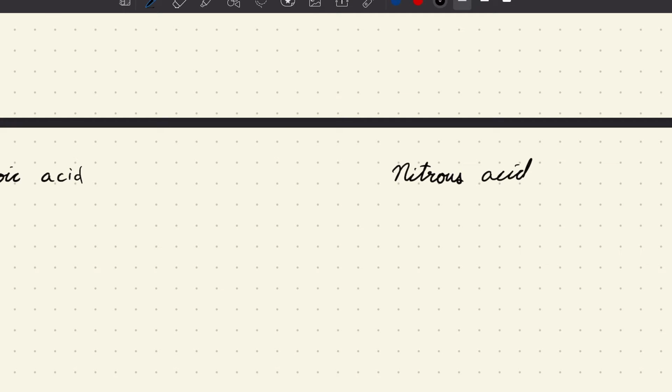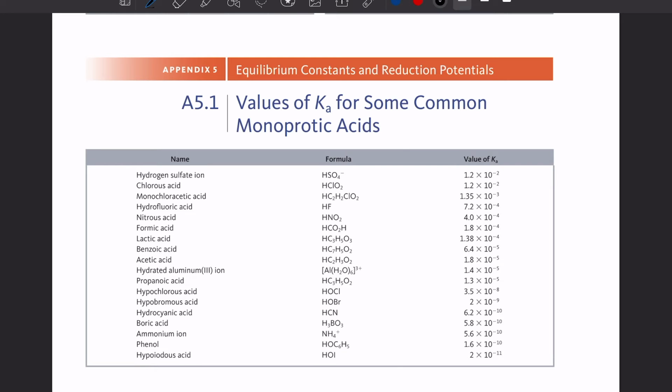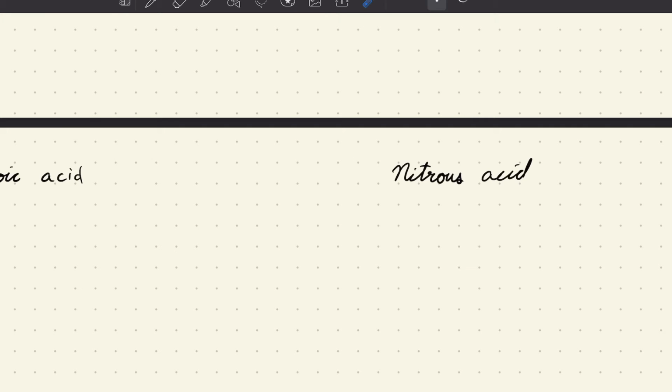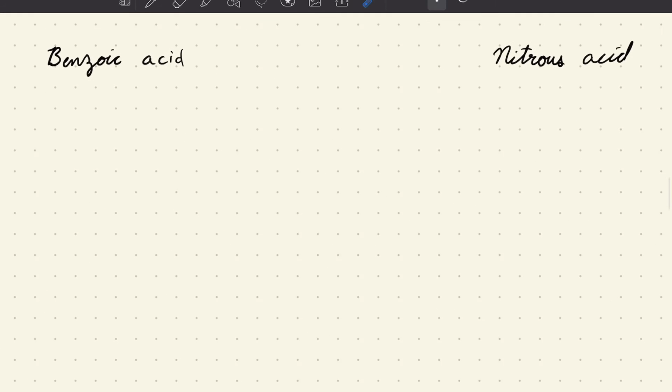I'm picking nitrous acid because it's here on the list. It's not crazy far away, but it's still pretty far away. And we'll see the difference.